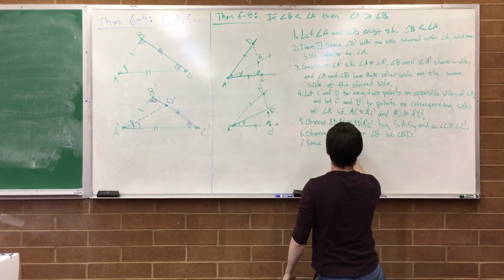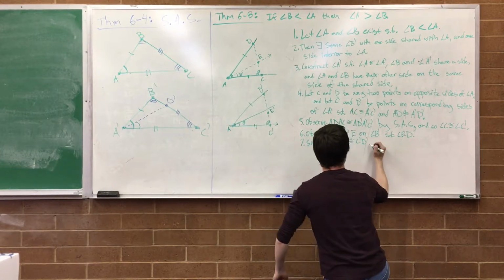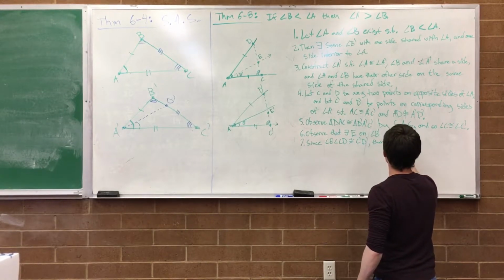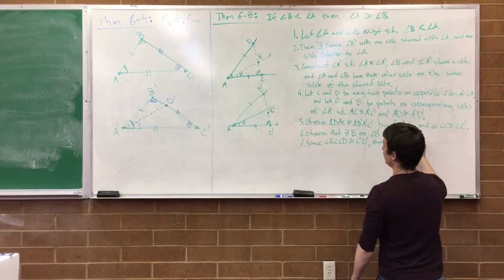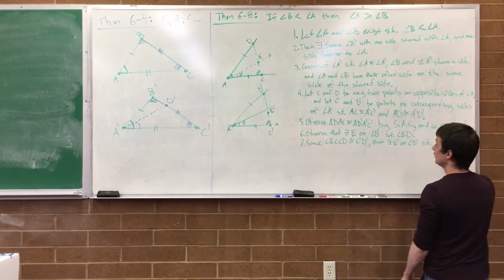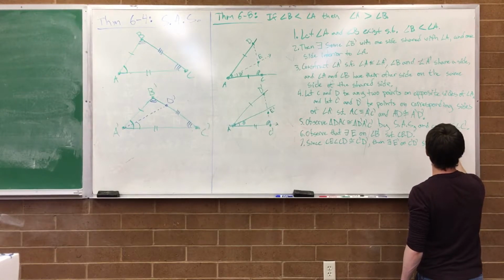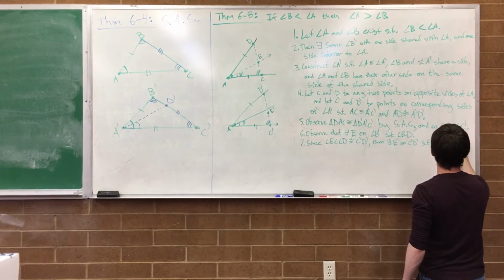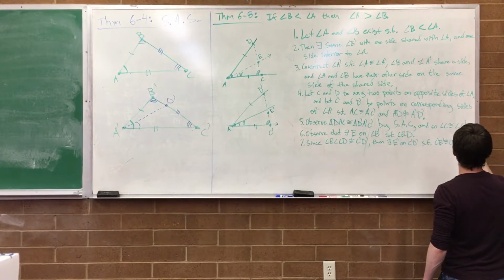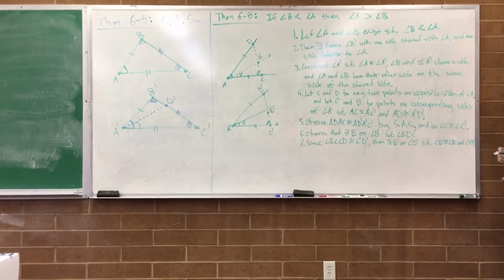CE is less than CD, which is congruent to C prime D prime. Then there exists E prime on C prime D prime such that C prime E prime is congruent to CE and C prime E prime D prime. Is that a better way of writing that? Yes. Logic follows better there.